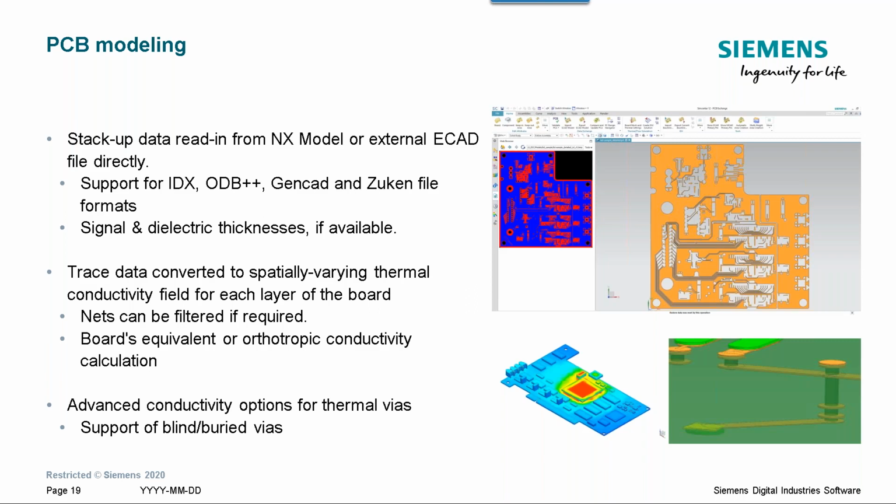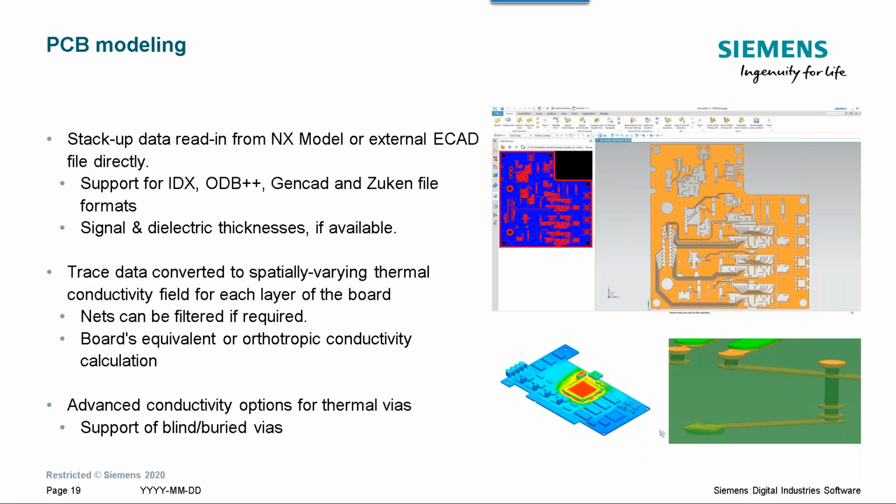For the trace itself, we understand also all the different coverage. So we can use different algorithms. So whether it's an equivalent, so basically getting a copper content average for a single layer, or taking conductivity images to have a more accurate representation of the spatially varying thermal conductivity traces.